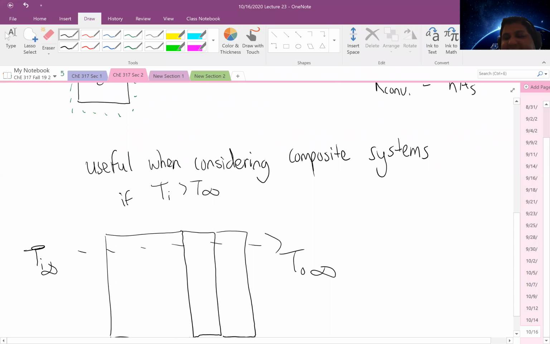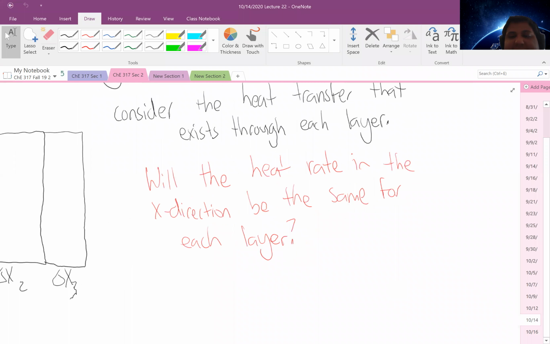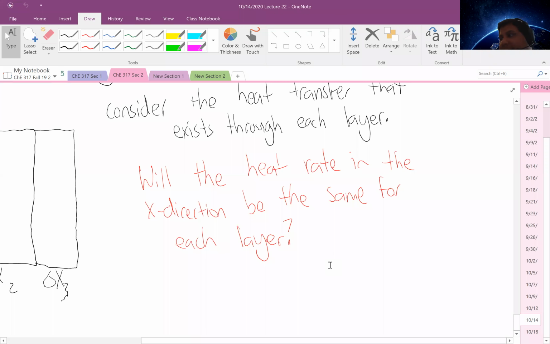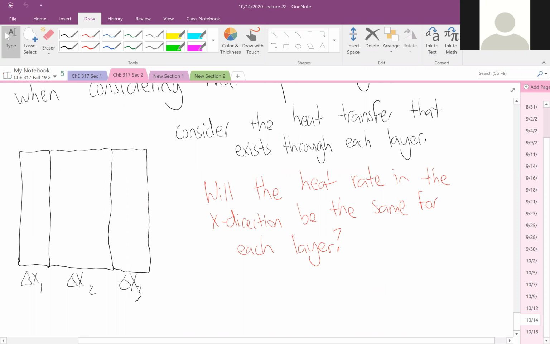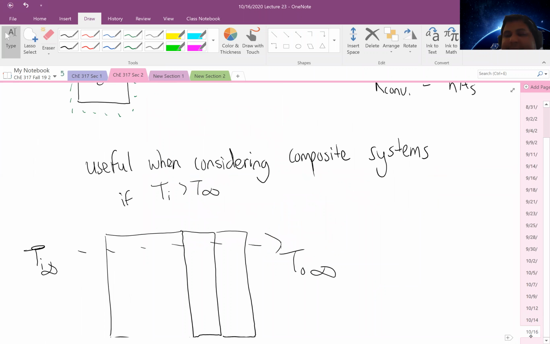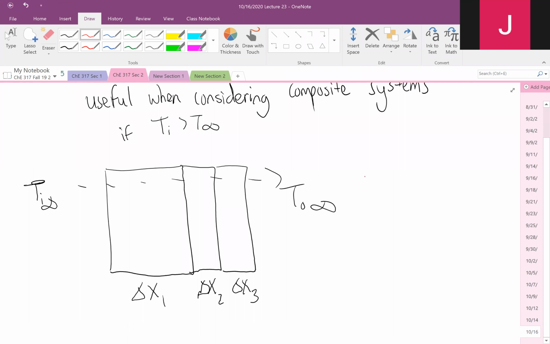And I believe I left you last time with a question that asked, will the heat transfer rate in the x direction be the same for each layer? I said no to that question. So I got one no. I would also think no, but there are other factors such as conductivity of the material that need to be taken into account for a definitive answer.